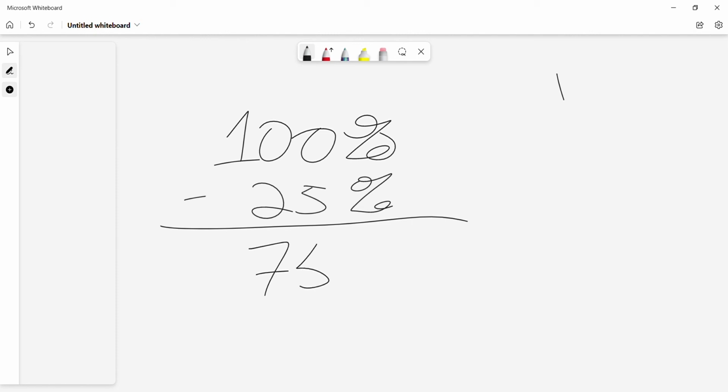So if she didn't pay the full price, then she paid 75% of the price, which means she paid 0.75 W dollars.